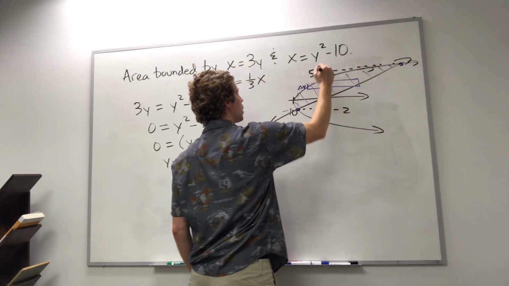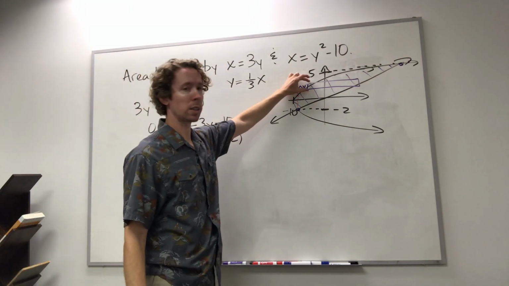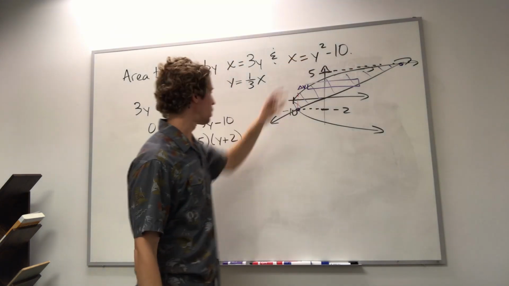That's helpful because that gives me the bounds on my integral. These rectangles need to start down at y equals negative 2 and go all the way up to y equals 5.